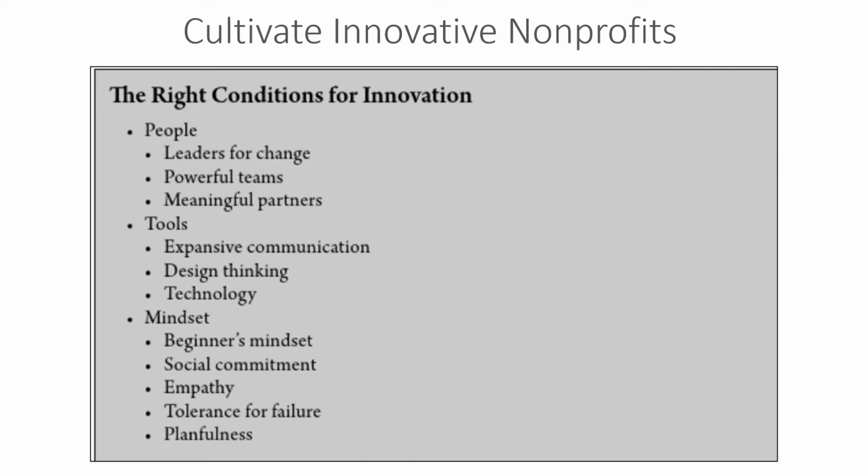Regardless of what the underlying theories might be, what we see happening in different nonprofit organizations or community organizing efforts or social action movements or some other kind of entity is that in order to cultivate innovation, in order to create a social action that can be successful, we have to build the people power for innovation through leaders and teams and meaningful partners.